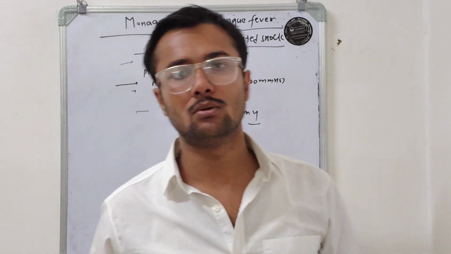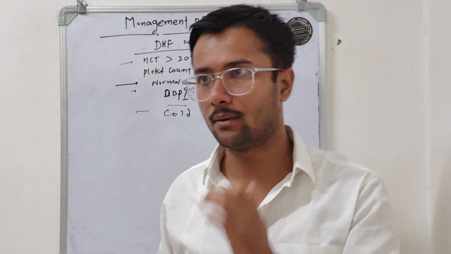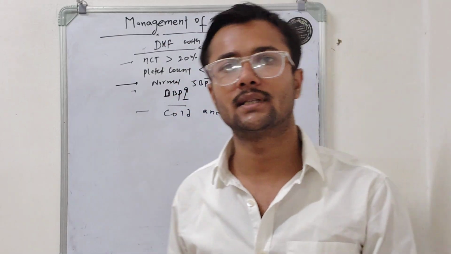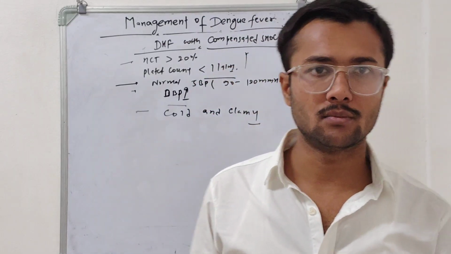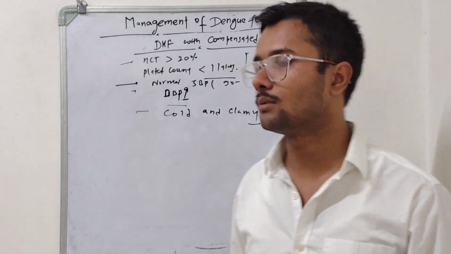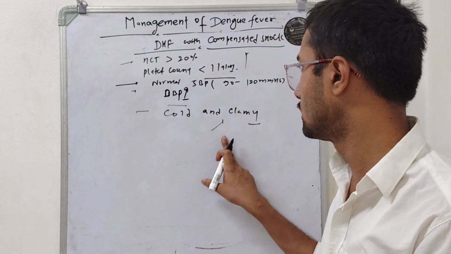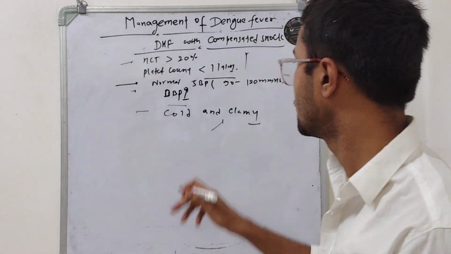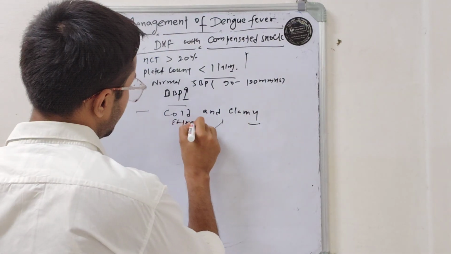So if no warm blood reaches that region, definitely the patient feels cold, and this clamminess is because they stimulate the parasympathetic nervous system, and this parasympathetic nervous system stimulates sweat glands. So due to this stimulation of parasympathetic sweat glands and the peripheral vasoconstriction, the patient feels cold extremities and clamminess.